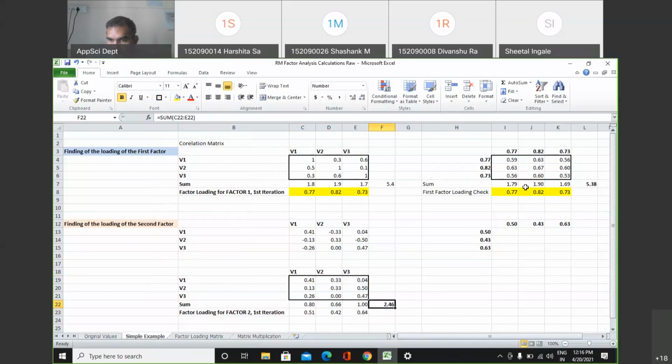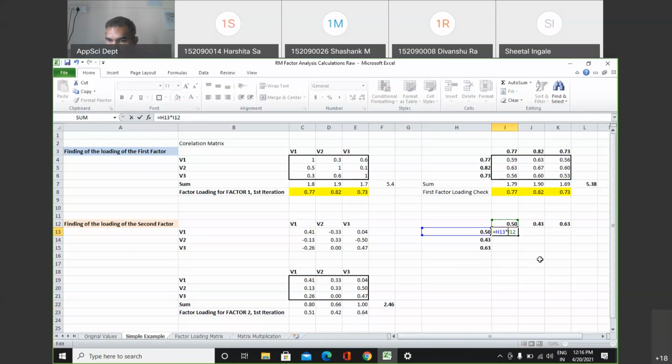Similarly, the same way we made this matrix, we are trying to make the matrix of the initial loading we got. Let's see what happens. We will fill out these values like before.